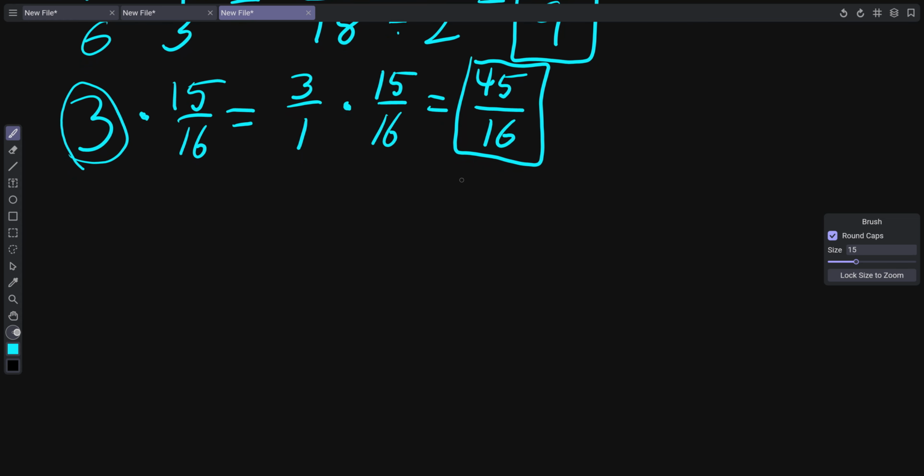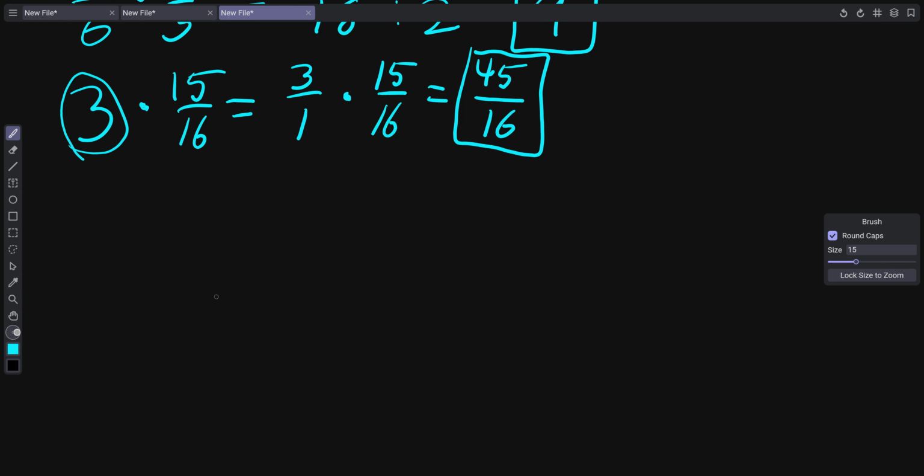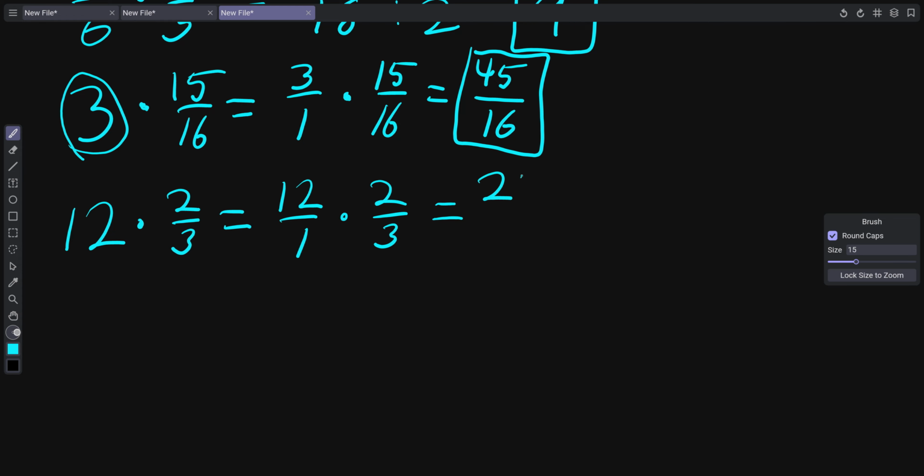Now I want to show you something to prove a point. So let's say we had something like 12 and we wanted to multiply it by 2 over 3. Well, we could start by putting 12 over 1, and we can multiply that by 2 over 3. 12 times 2 equals 24, and 1 times 3 equals 3.